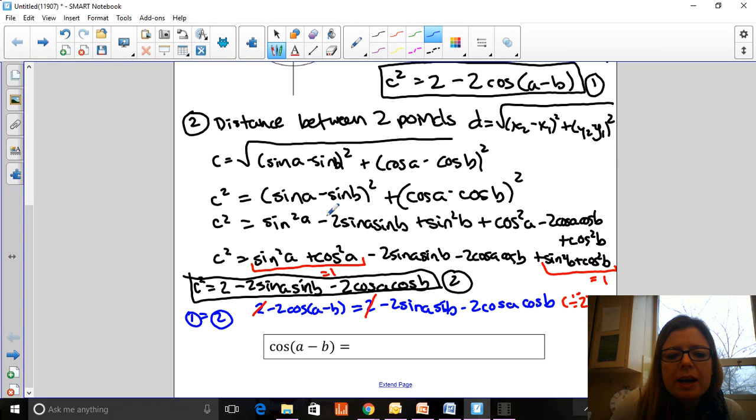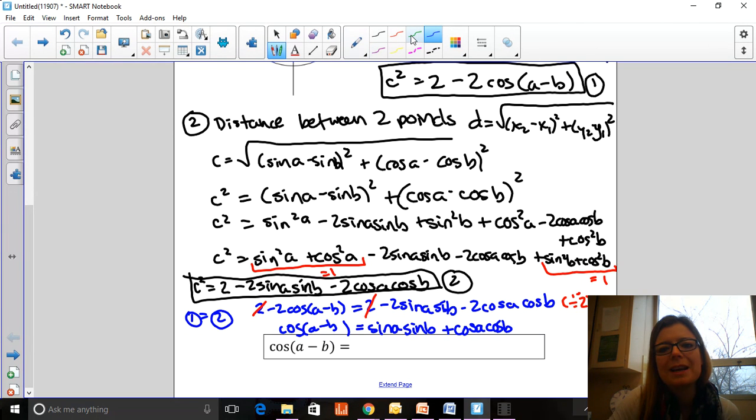When you divide everything by negative 2, you're left with cos of A minus B is equal to sine A sine B plus cos A cos B, which is the final answer, which is what you should have copied down from the previous page. Yay! And that's our final conclusion.